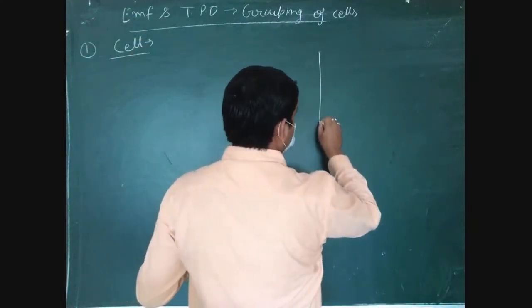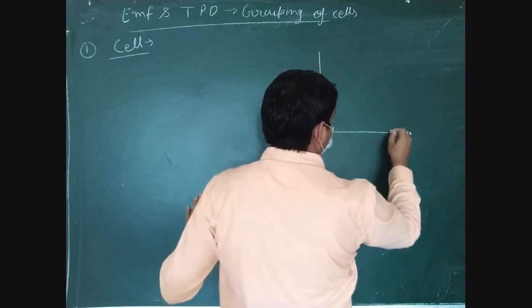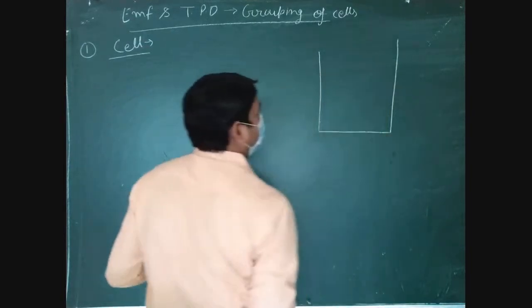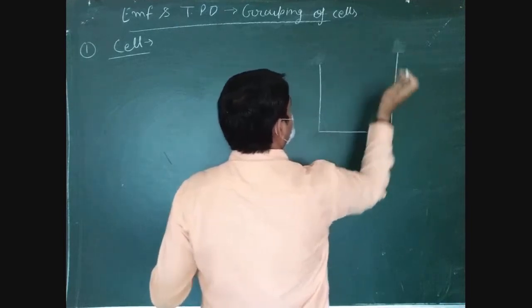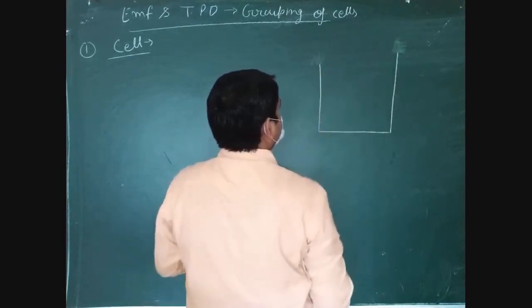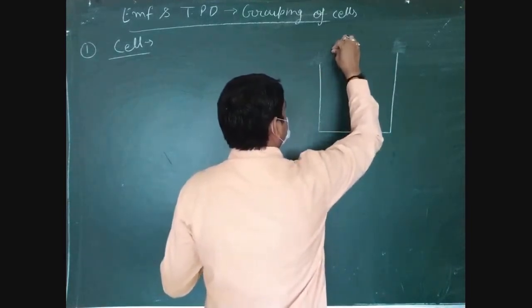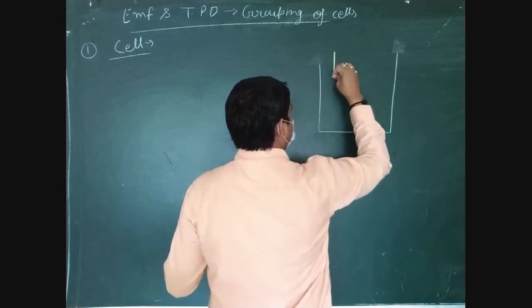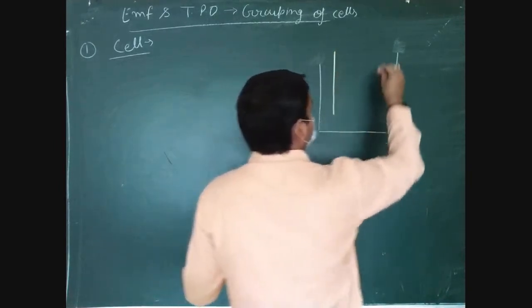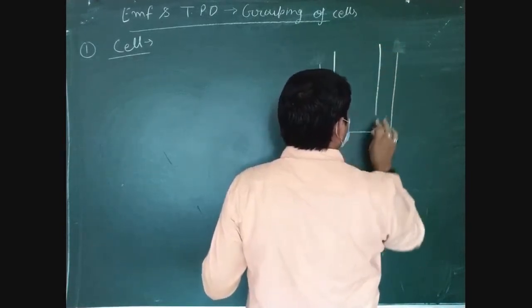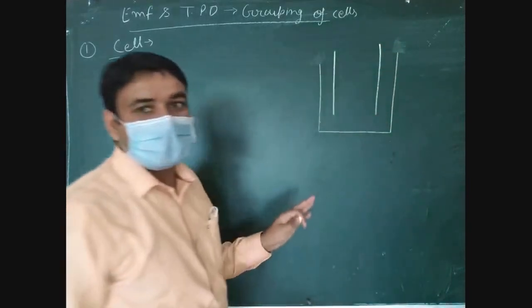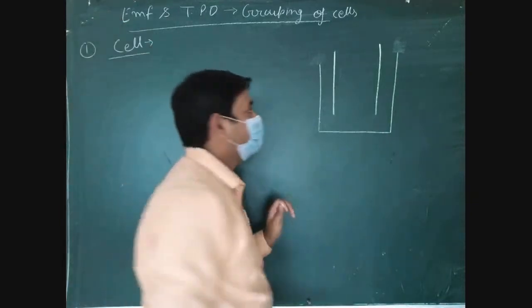Suppose we have a container, and two electrodes are placed in the container like that. One is the carbon electrode and one is the zinc electrode.